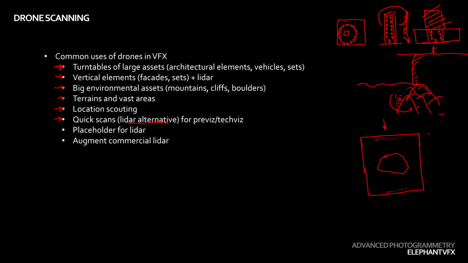And they might ask you, well, we are working on the previs, or we're working on the tech piece, or we just want to concept the editing of the movie. So we actually need the environment, and we need this rock here. So instead of spending, I don't know, 4 hours scanning the environment and 2 hours scanning that big rock, I might say, okay, this is only for previs, this is only for tech piece.